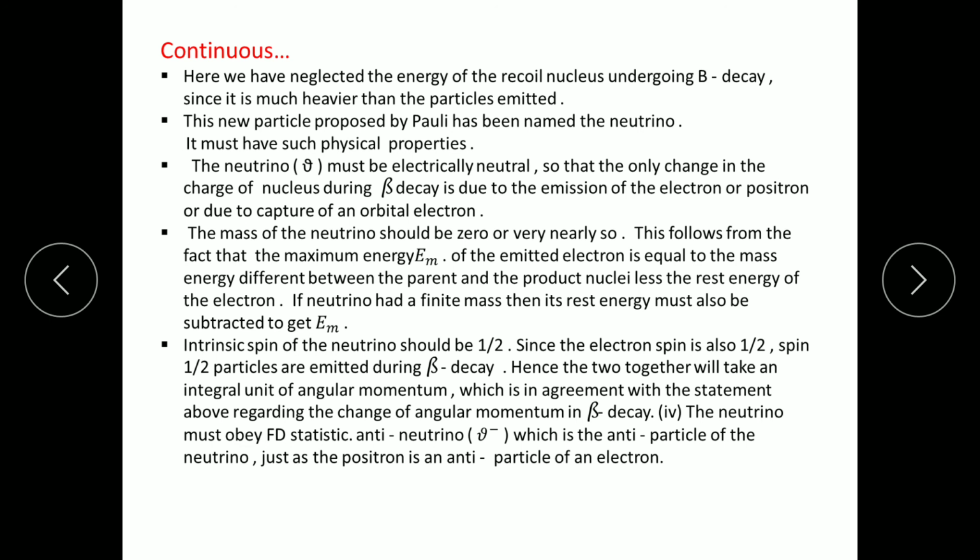As we discussed in beta minus decay, a neutron is converted to a proton with electron emission plus an antineutrino. As the neutrino has intrinsic spin 1/2, the antineutrino should have spin minus half, so there is conservation of total angular momentum. That's why we consider the intrinsic spin of the neutrino to be 1/2. Understand, students?